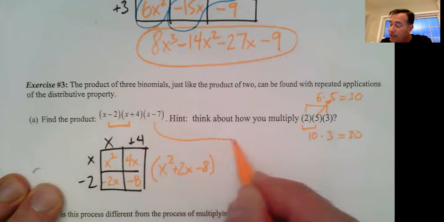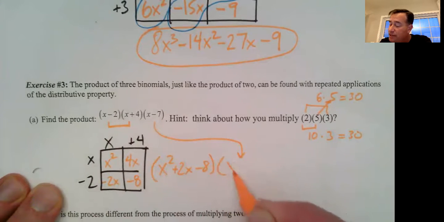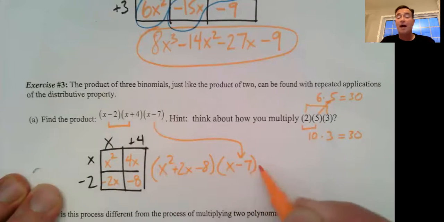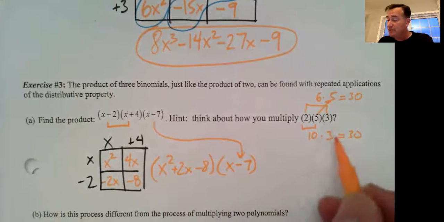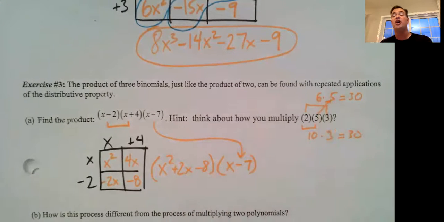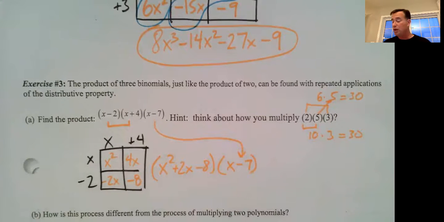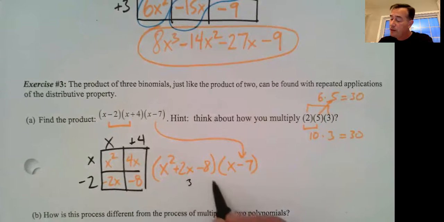Now I'm going to bring this guy down here for our next multiplication, because now I can multiply this result times x minus 7. It was just like taking 10 times 3 or that 6 we got times 5. You take the result of the first pair, you multiply it times that last factor that we have in there. So the difference between the way this works and the last one is, here I've got a 3-term by a 2-term.